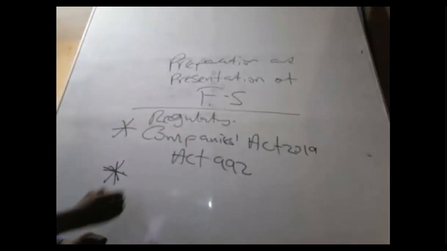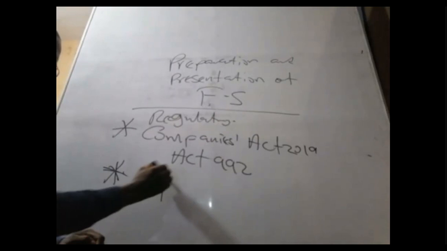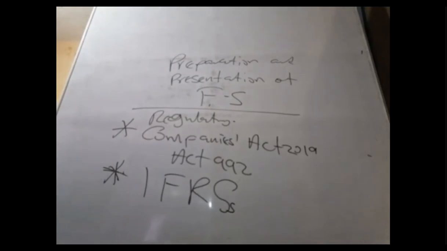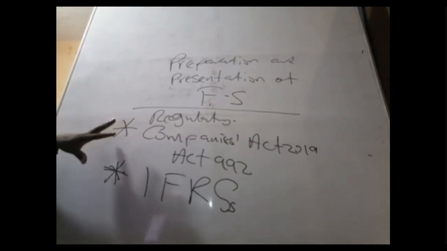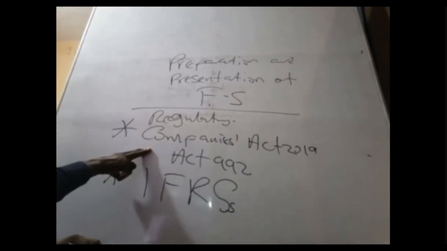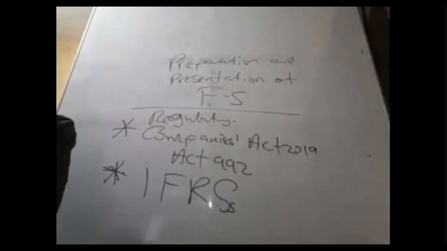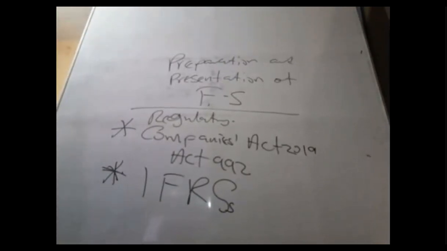Again, you are going to prepare this according to International Financial Reporting Standards. Good. So that is the game. We are going to prepare the financial statements in accordance with the Companies Act and then the IFRSs. So don't be surprised when the examiner himself quotes it in the requirement. Tell him that you are aware that the financial statements you are going to prepare are in accordance with the IFRSs and then the Companies Code.